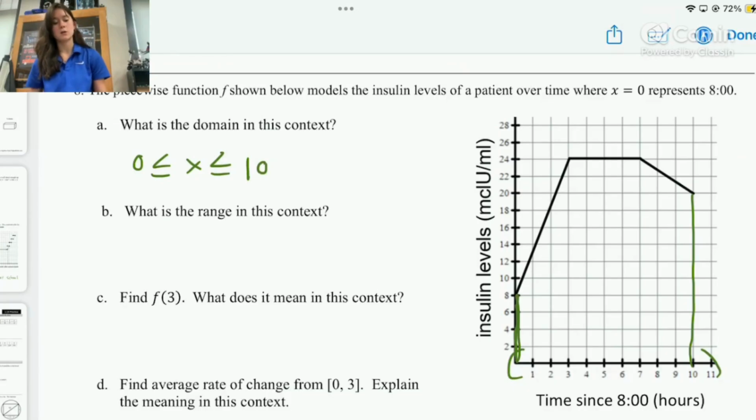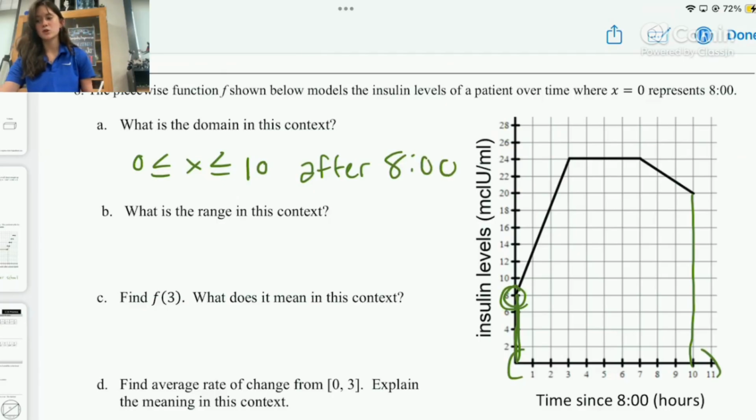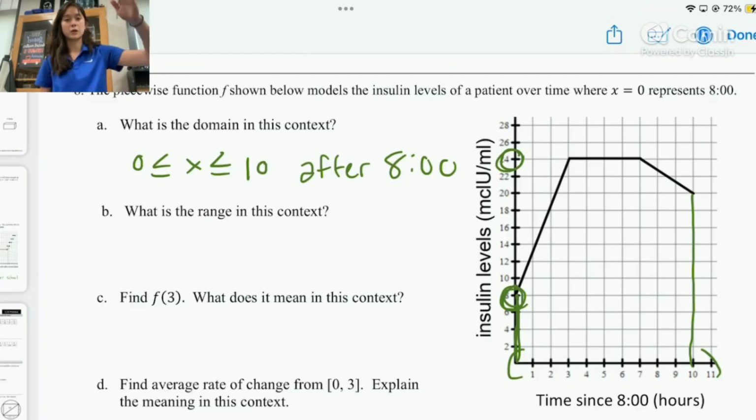And that only starts after 8 o'clock. So we have to add that point because the function starts right there. Okay, and then the range, you would do between this value that I already circled and then the 24, because that is the top part of the function and it doesn't go any higher or lower.